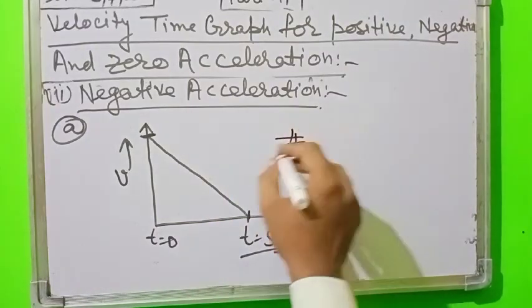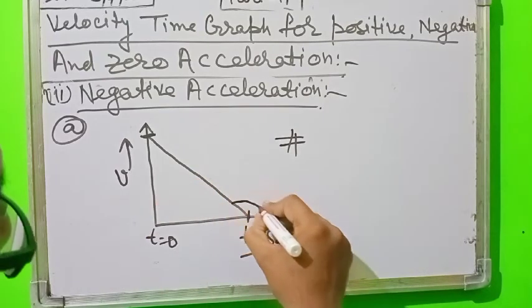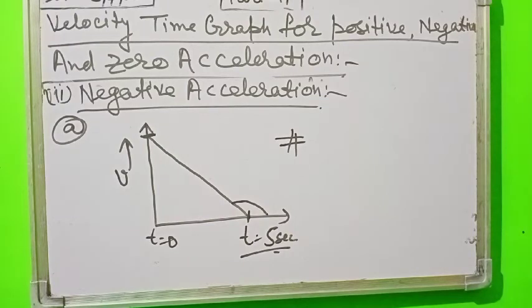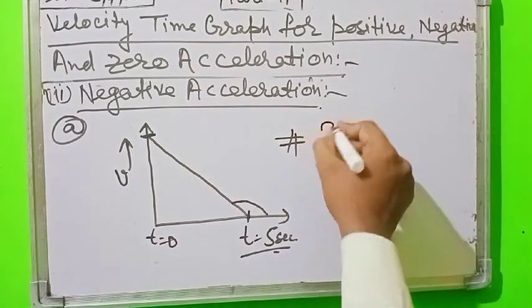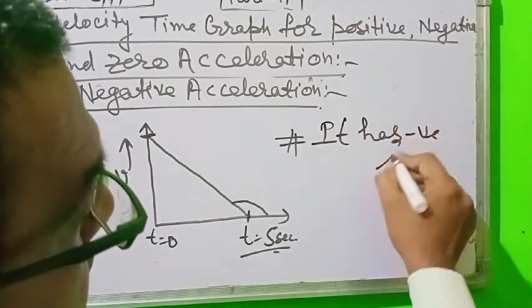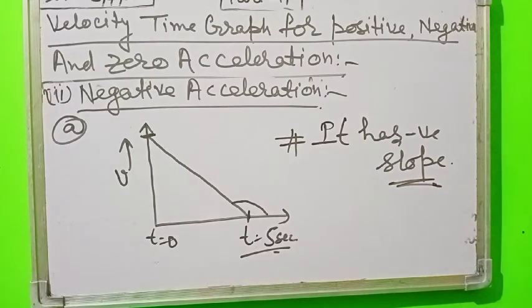Suppose this is tan theta, and tan of any obtuse angle is negative. So it has negative slope.